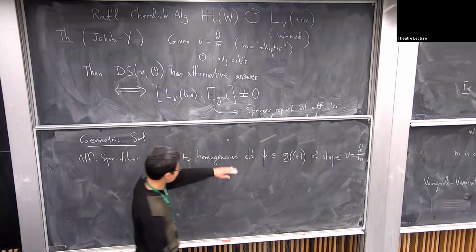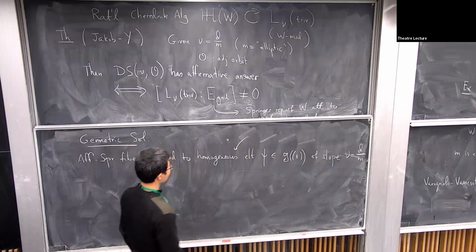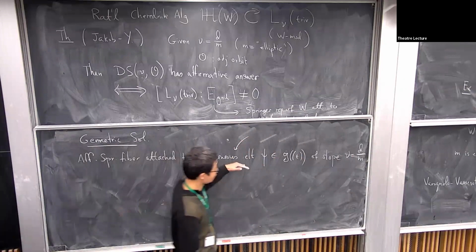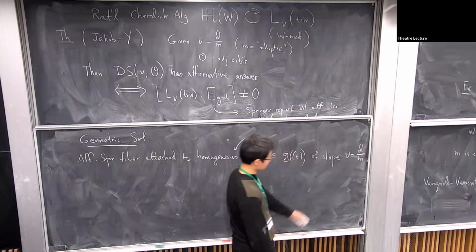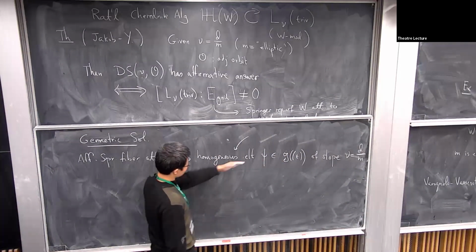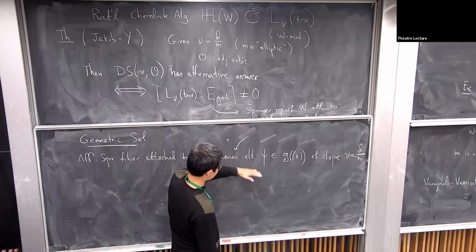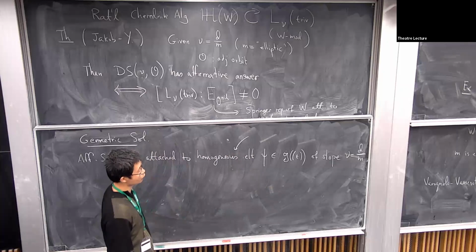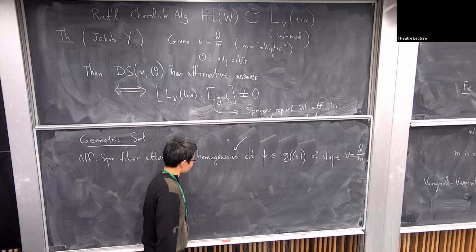Okay, so the homogeneous elements also first appeared in Aragnol and Vasseuil's work as part of their geometric construction of representations of Daha.